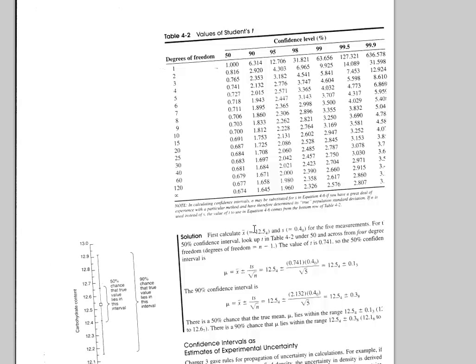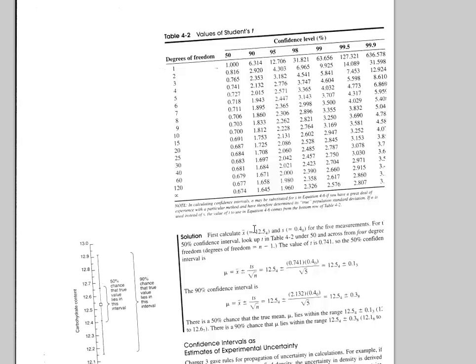I would probably print this page only. Don't print the entire 30-some pages of wording. You don't need it. But print at least this one page, because you're going to refer to this confidence interval table all the time with statistics.